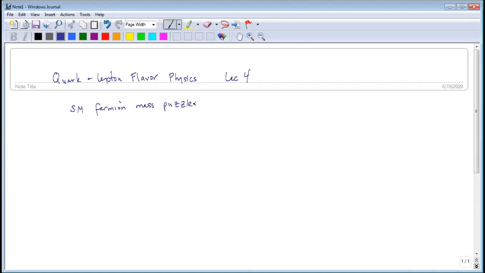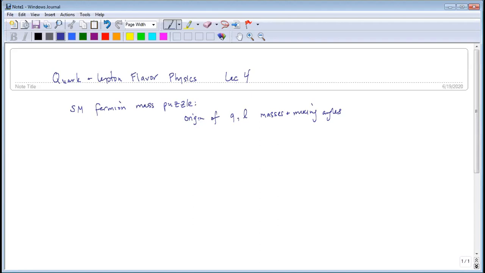So this is, of course, just the origin of the quark and lepton masses and the mixing angles. And just as I've been doing so far, first going to focus on the charged fermions, and we'll go to the neutrinos a little bit later.